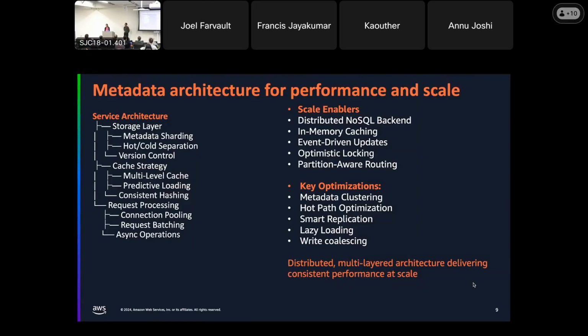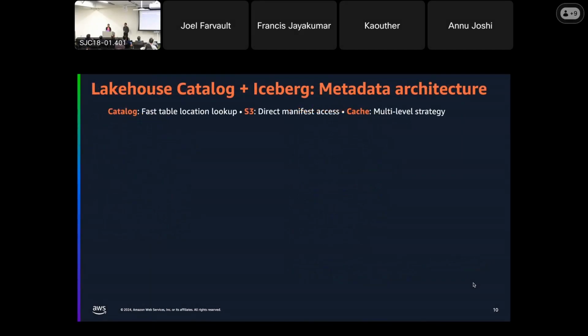What I'm really getting at is that those are the foundational blocks we build the metastore on. To make sure there are no hot partitions, we have inbuilt smart replication to avoid hot data, and then lazy loading, coalescing, all the classic distributed architecture goodness. So that's really the core of our metastore.